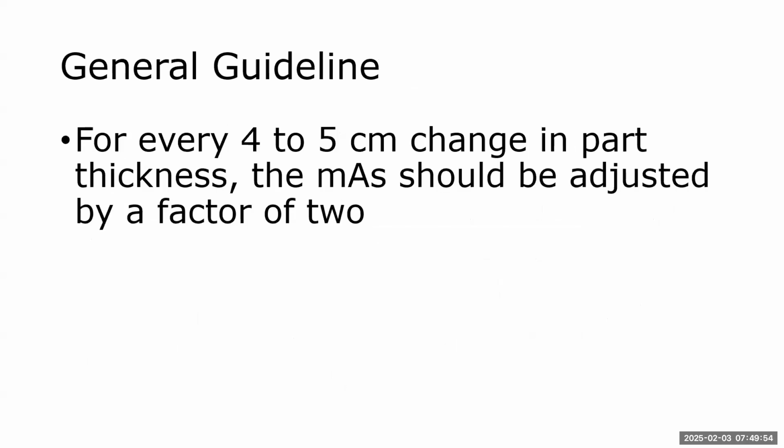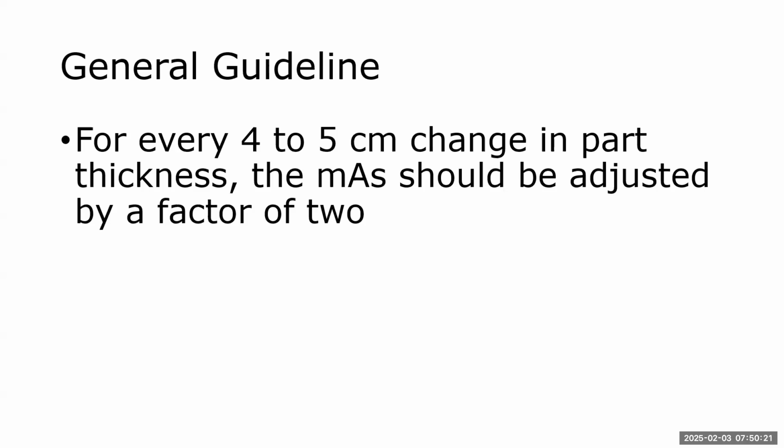So in general, the guideline is for every 4 to 5 centimeter change in part thickness, the mAs should be adjusted by a factor of 2. So you do have to know these rules. Just remember that in both situations you're talking about the same amount of part thickness difference, 4 to 5 centimeters here.